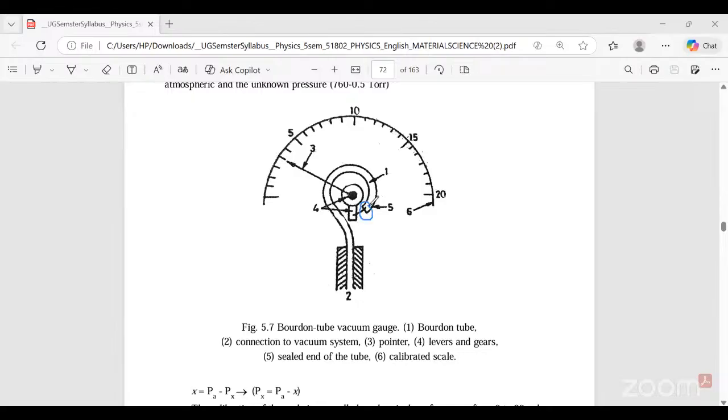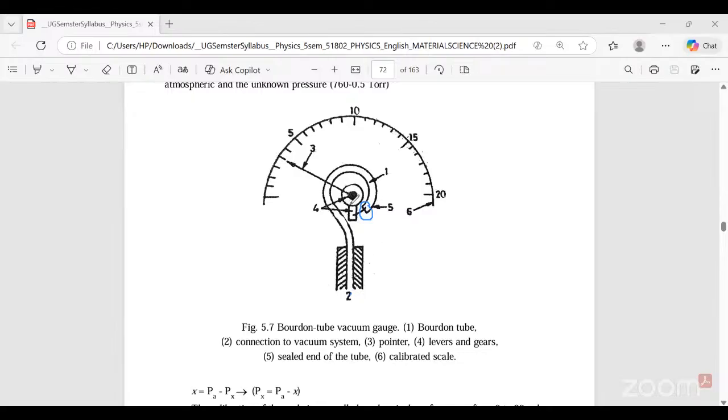At this point it is sealed, and the other end of the tube can be connected to a vacuum system. Generally the shape of this tube is elliptical.